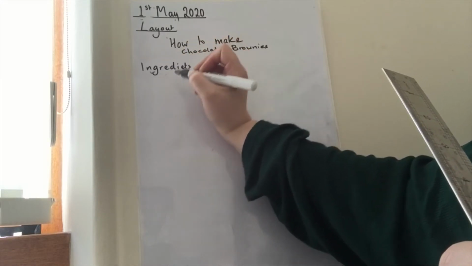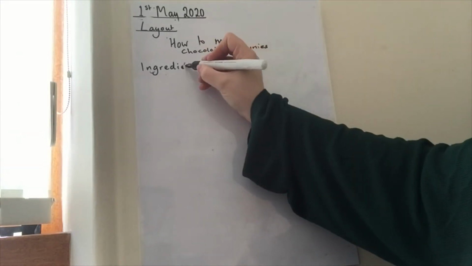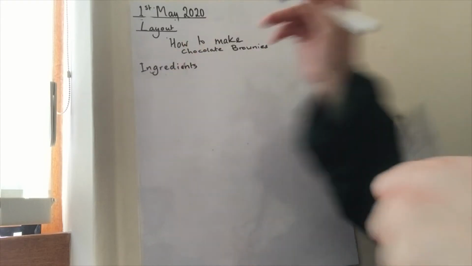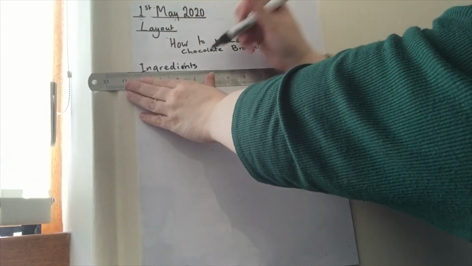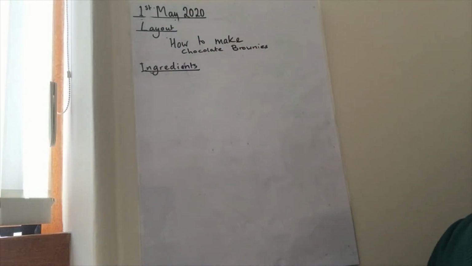I forgot my opening statement, which should have gone before the subheading of ingredients. I'll have to make sure I put it in when I write my proper instructions. And under that, I'm going to list all the ingredients I'm going to need.